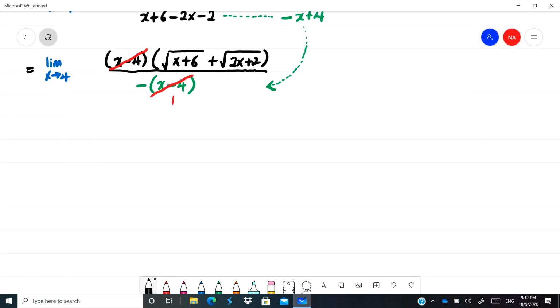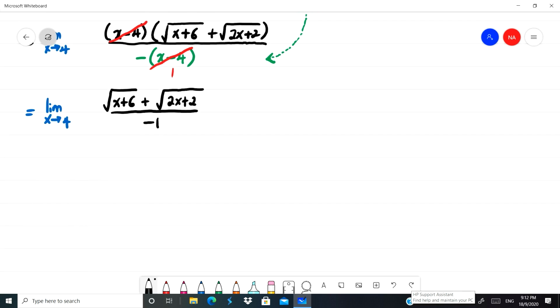So now we have the limit as x approaching 4 of square root x plus 6 plus square root of 2x plus 2, over negative 1.